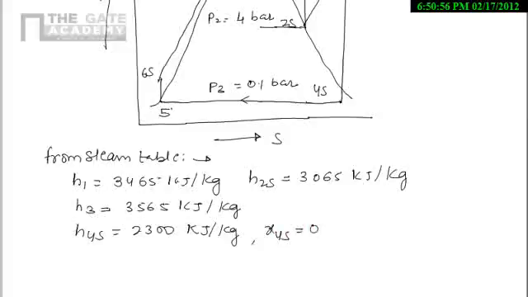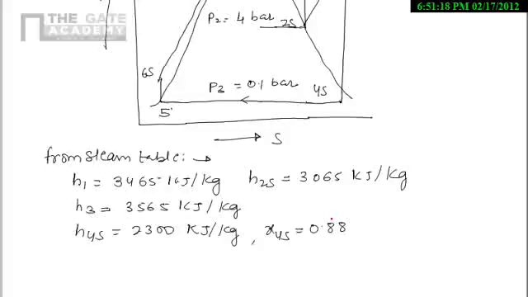X4S is 0.8. So in our previous problem we have already calculated the quality of steam. So same thing you can calculate, or either you can get from the steam table. So right now I am getting this value from steam table, but from a better learning point of view you calculate these things.